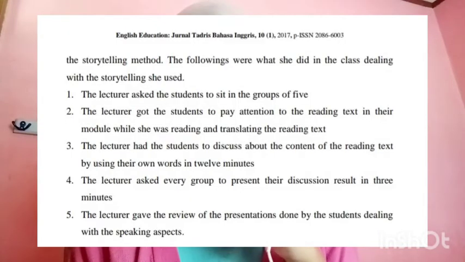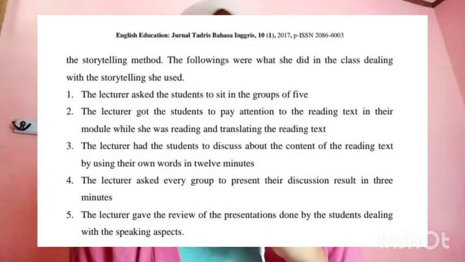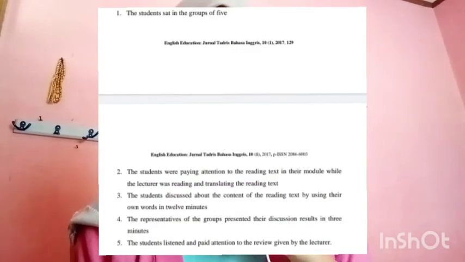The following were what she did in the class dealing with the storytelling she used. And below are the students' activities related to the storytelling implemented by the lecturer in the class.